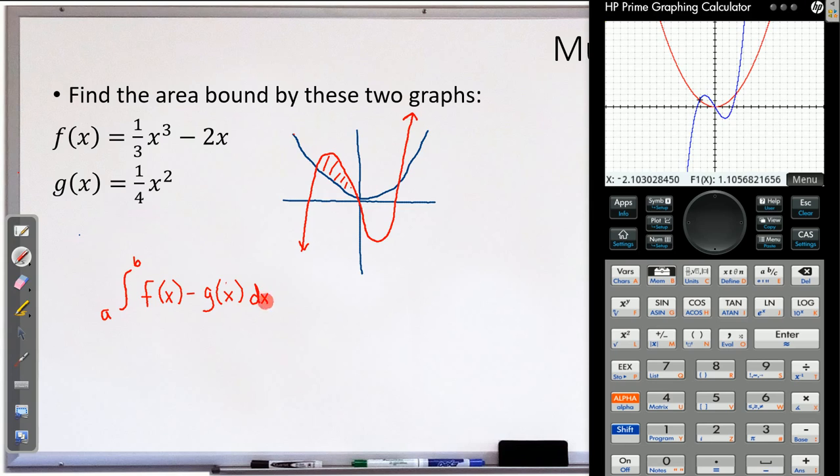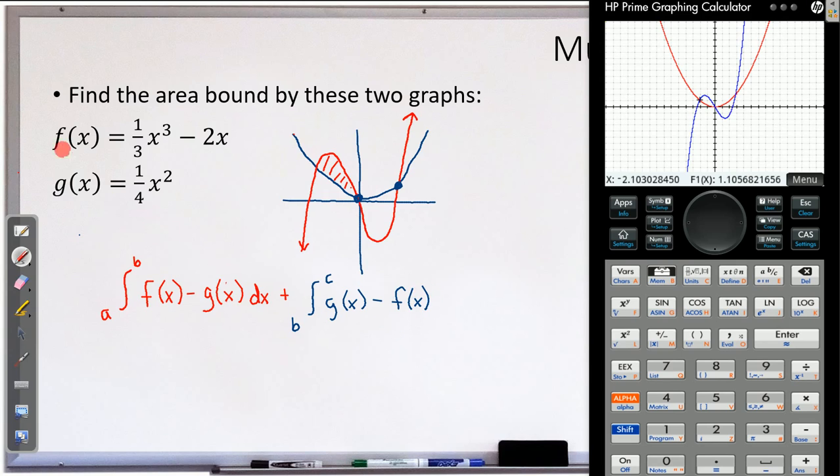That's the first area. The second area, they're going to have to switch because now the quadratic is on top. So we're going to take the integral, but now we're going from here to here. So that will be from b to a new number c. And now g of x is the larger one minus f of x.